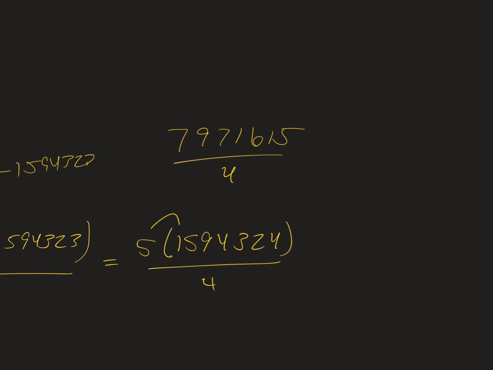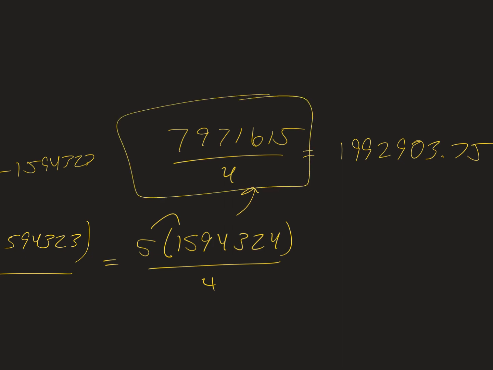What is it? 1,992,905. Okay, now if it says decimals are okay, I'm fine with that because that's a terminating decimal. If it says no decimals, then you need to leave it like this. You guys understand? Okay, follow the directions. If it says no decimals, whether it terminates or not, don't give me a decimal.